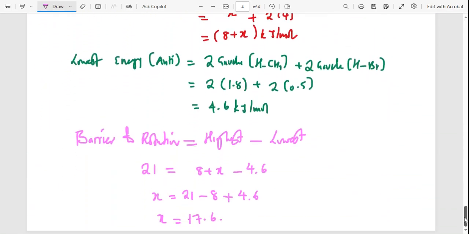The energy is really high. So therefore the CH3 to Br eclipse is equal to 17.6 kilojoules per mole. That is how you work out this question.